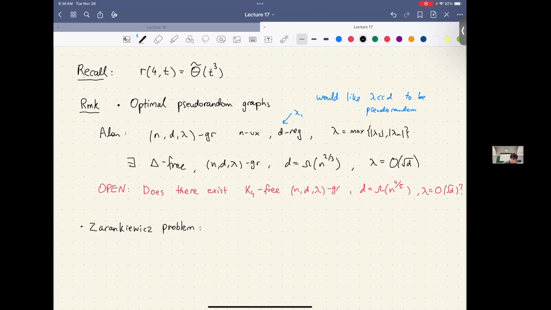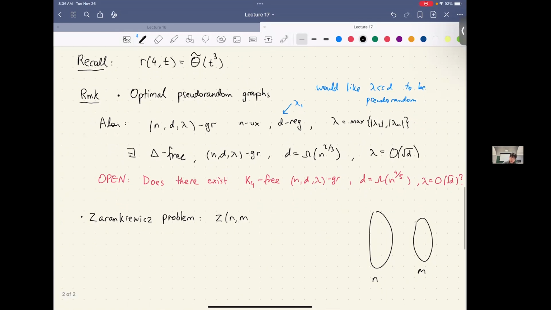We have parameters n and m. You have two parts, n vertices on one part, m vertices on the other part. And then we are forbidding this K4 one, which is one subdivision of K4.